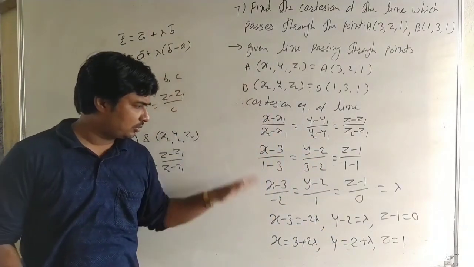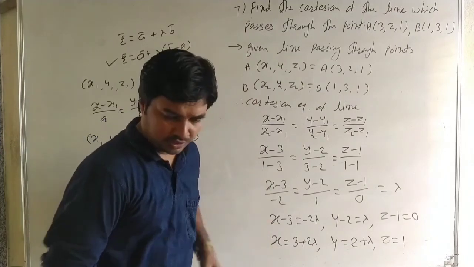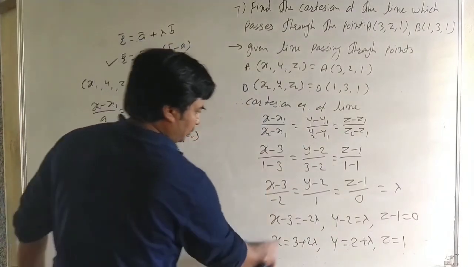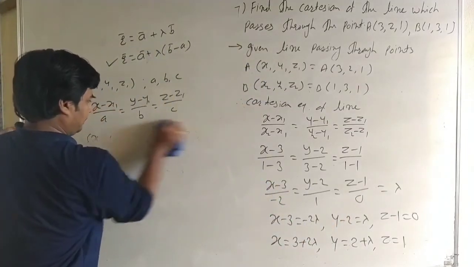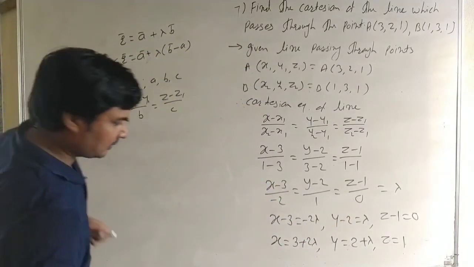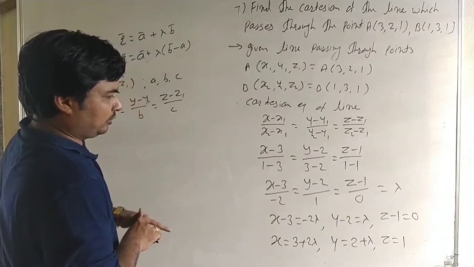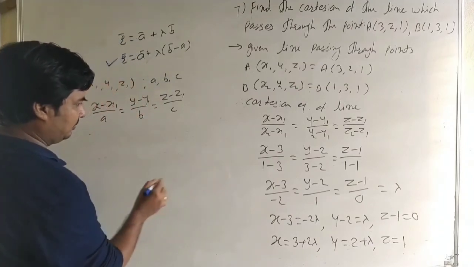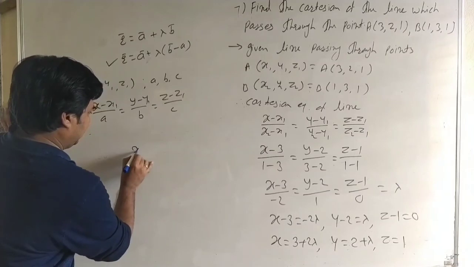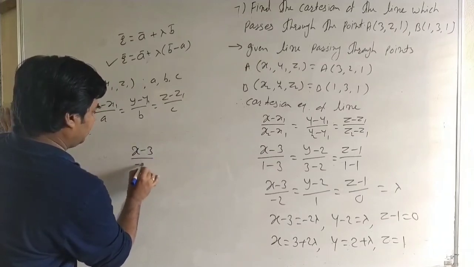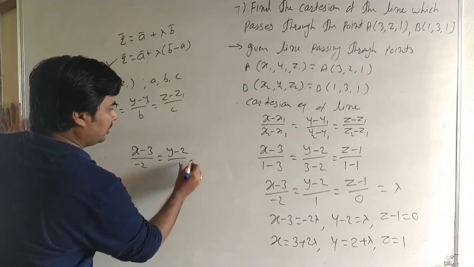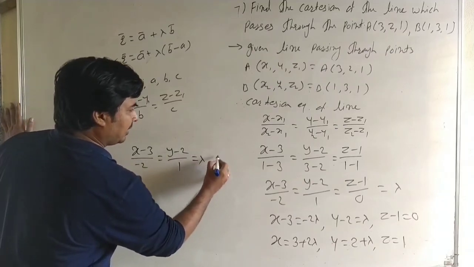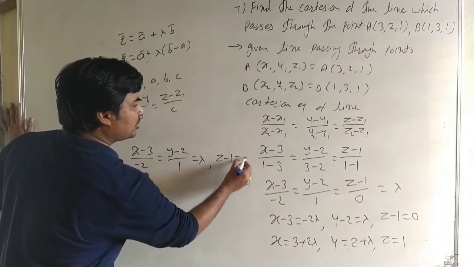See carefully, this equation can also be written as follows. Here only one value is 0, and the other 2 values are equal to lambda, so we can write x minus 3 upon minus 2 is equal to y minus 2 upon 1 is equal to lambda, and z minus 1 is equal to 0.